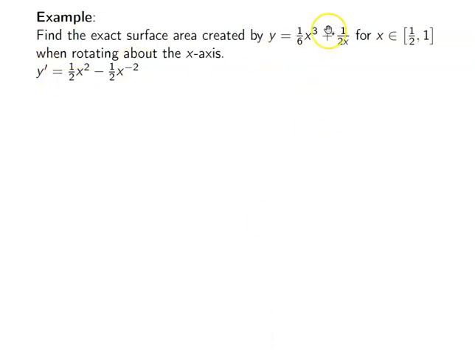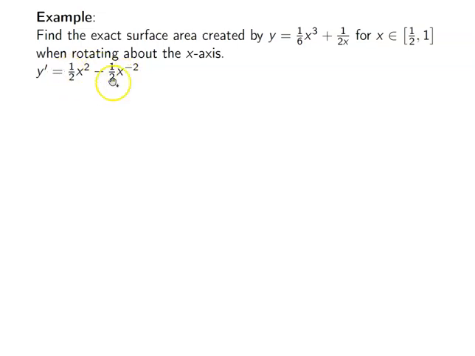So when I take the derivative, I get 3 times 1/6, which is 1/2. This goes down to x squared. This is 1/2 x to the negative 1. So remember, derivatives go down the power. So this is negative 2 now, and that negative just gets multiplied in front. So this is my derivative. Okay. Now I want to square this.